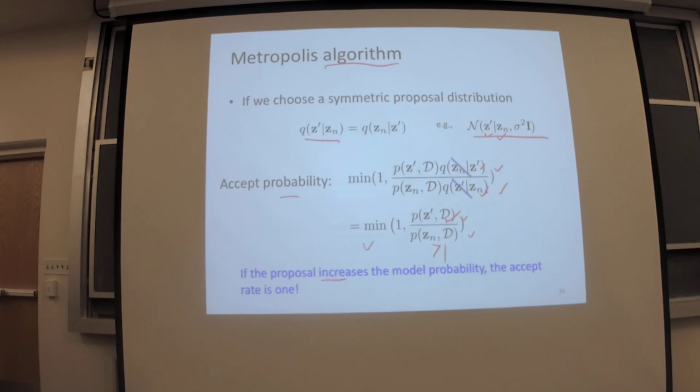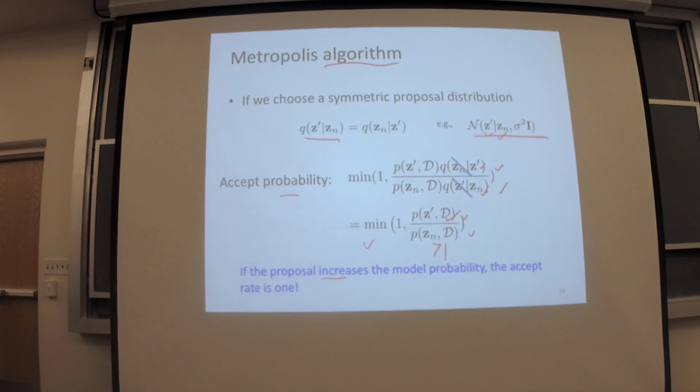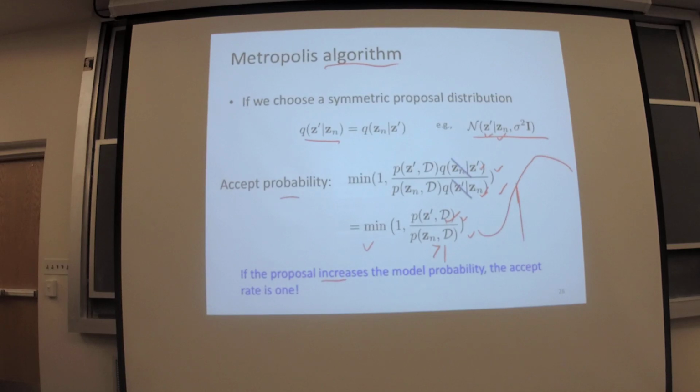That means your accept rate is always 1. That's interesting, right? If I have a sample here, and I generate a sample here that increases the model likelihood, then I will always accept it. So it actually encourages you to accept more high density samples.